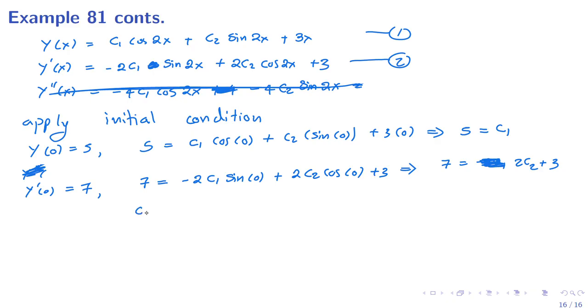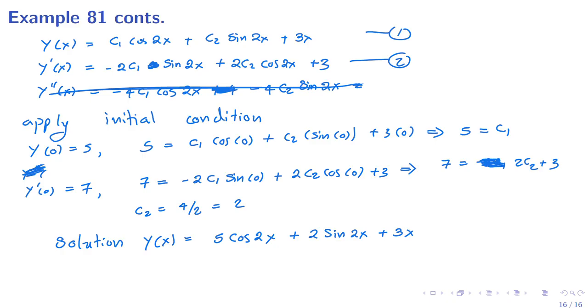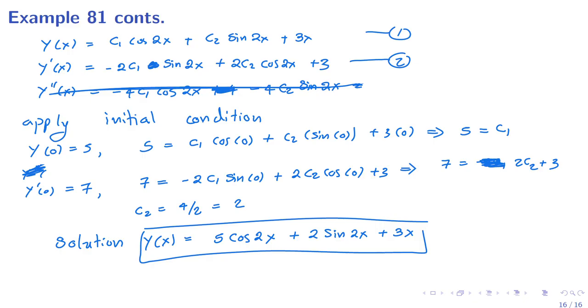From there, c2 should be 4 divided by 2, which is 2. Therefore, our solution is 5 cosine 2x plus 2 sine 2x plus 3x. Yeah, that's it.